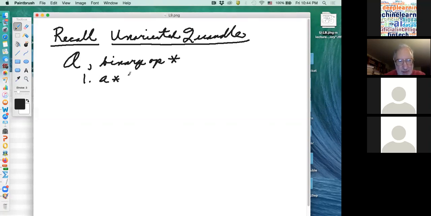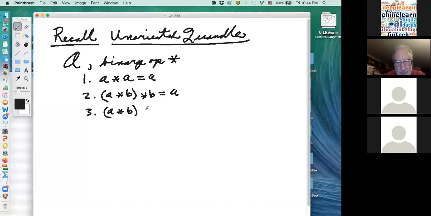A star A is equal to A; A star B star B is equal to A, for any A and B; and A star B star C is equal to A star C star B star C. And we have explained before that each of these corresponds to a Reidemeister move.